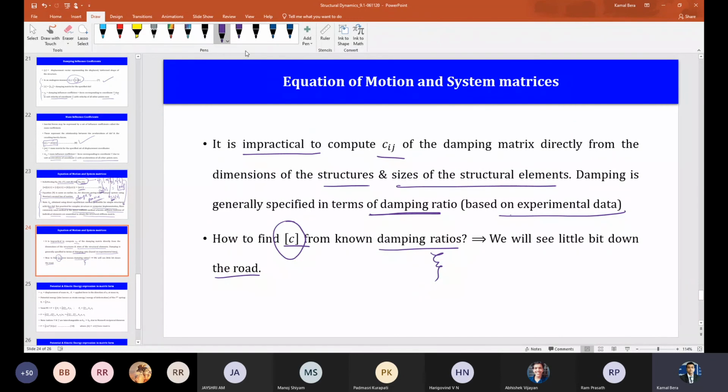Then you can form the mass and stiffness matrices. Once you learn in the future how to get the mass and stiffness matrices for a real system, you can incorporate them in your equation of motion, solve it, and get the required responses. I hope I have been able to give you some basic idea.